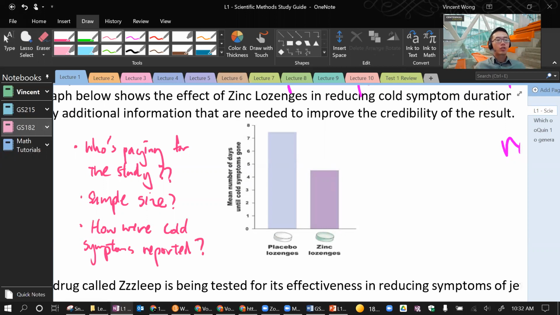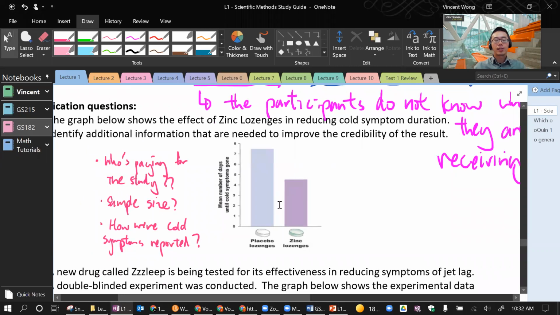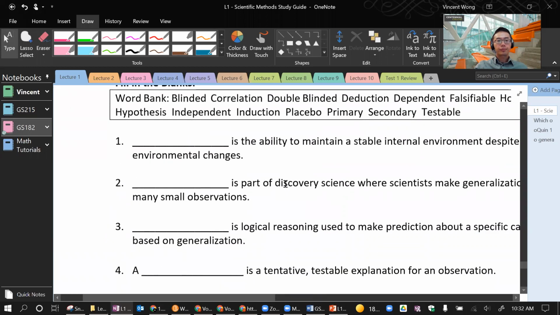So all this additional information would help us determine if something like this is credible or not. It's like those infomercials, right? They always like to throw graphs on the screen and say, it's scientifically proven. Like CoFX, I mentioned that in the lecture recording. It turns out to be not very credible scientific research.